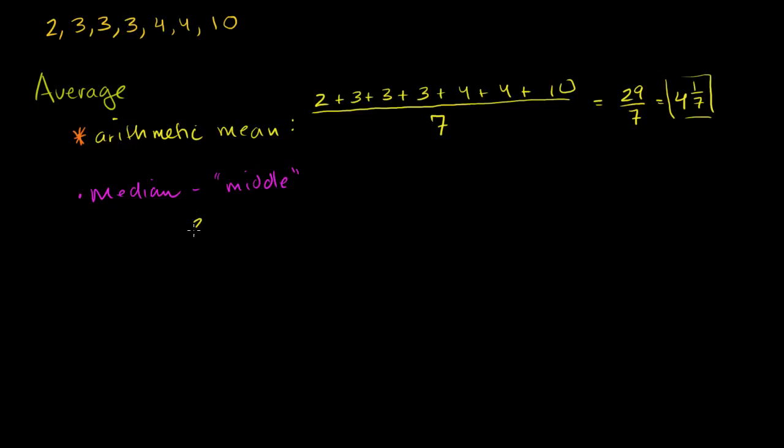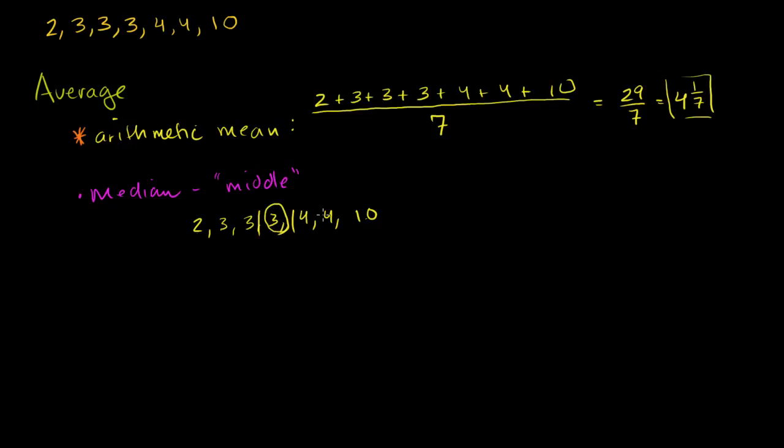So I have a 2, 3, 3, 3, 4, 4, 10. So let's see, we have 7 numbers right here. The middle number, if I go 1, 2, 3 to the right, we're there. If we go 1, 2, 3 to the left, we're there. The middle number is that 3 right there.